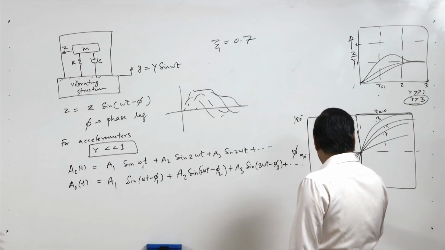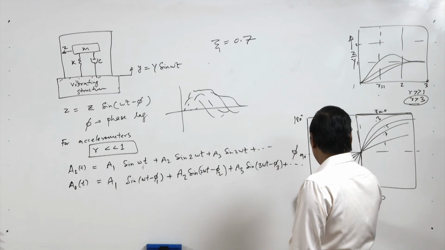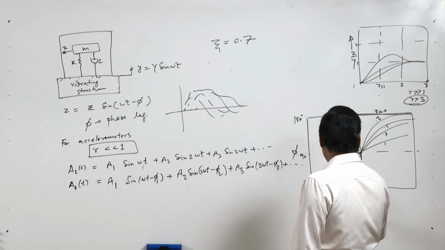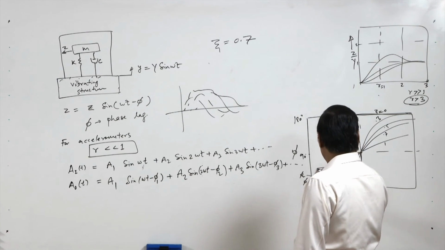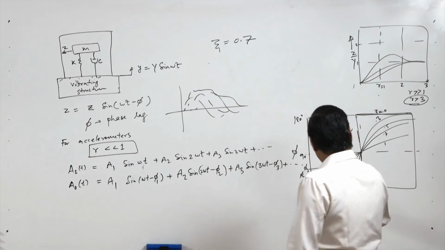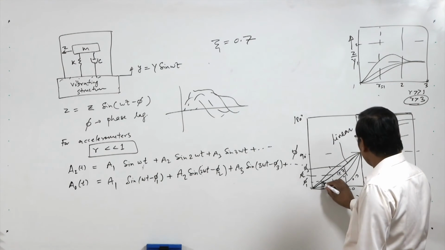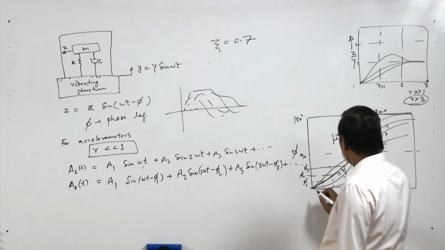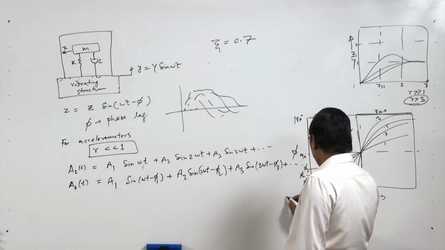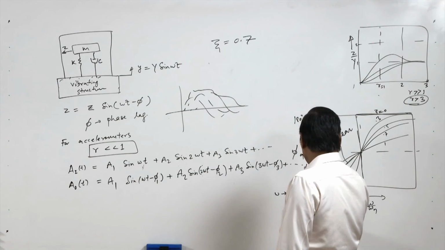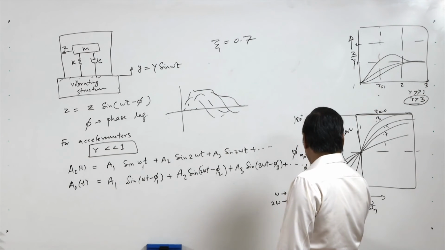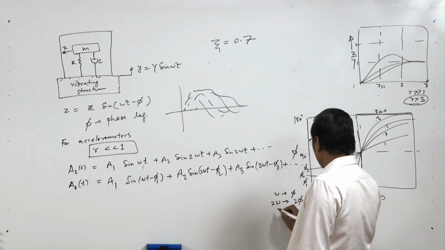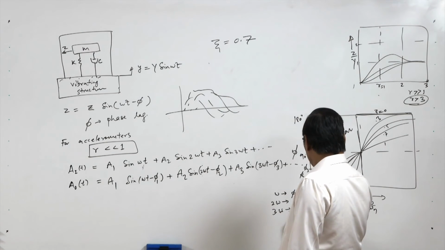If it is omega, we will have phi 1. If it is 2 omega, we will have phi 2. If it is 3 omega, we will have phi 3. Because this curve is linear, for omega it is phi, for 2 omega the phase is 2 phi because there is a linear relation, and for 3 omega it is 3 phi.